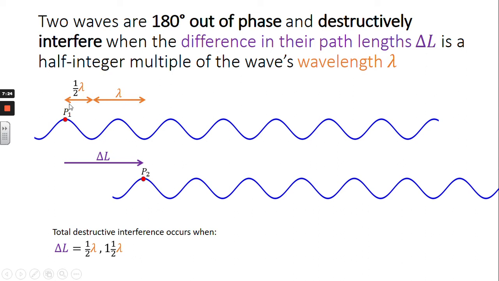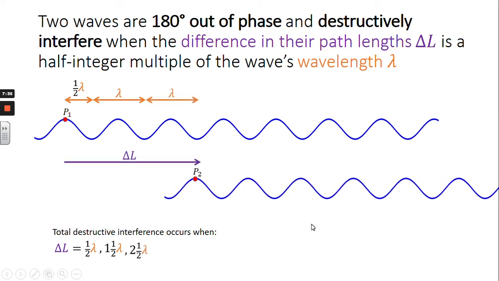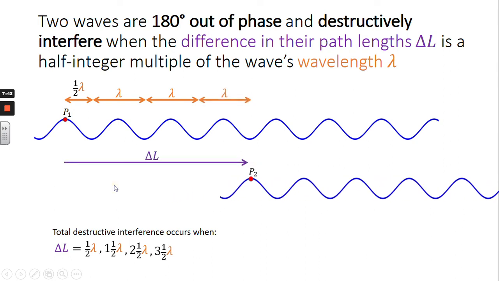So we are now 1.5 wavelengths away from point 1 to get another point of out of phase destructive interference. We slide over another wavelength, that's where the crest of 2 will meet the trough of 1 again. So 2.5 wavelengths gives us destructive interference. 3.5 wavelengths also gives us out of phase destructive interference. So does 4.5 wavelengths.